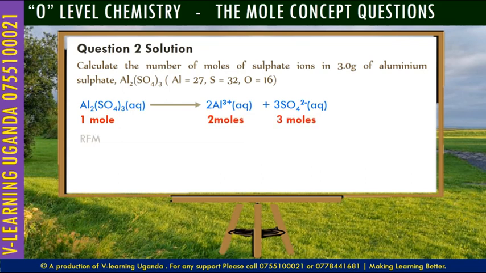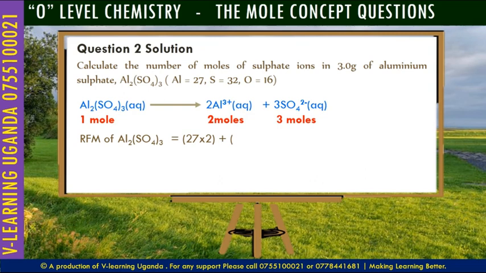Now we are going to get the number of moles, and there are 2 ways, but in this particular video we shall look at one way to keep our video short. We shall consider the relative formula mass of aluminum sulfate, which will lead us to the number of moles of the aluminum sulfate that is ionizing, because we have only 3.0 grams.